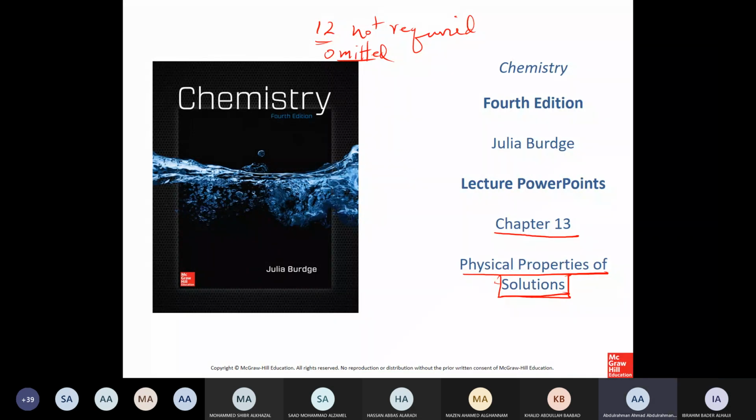What's the meaning of solution? A solution is made when we have solute dissolved in solvent. I want you to memorize all these words.